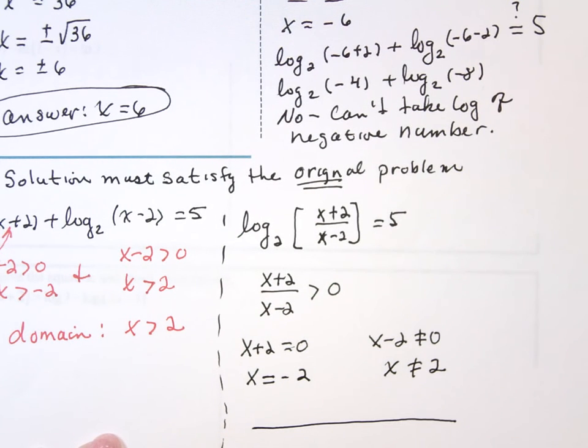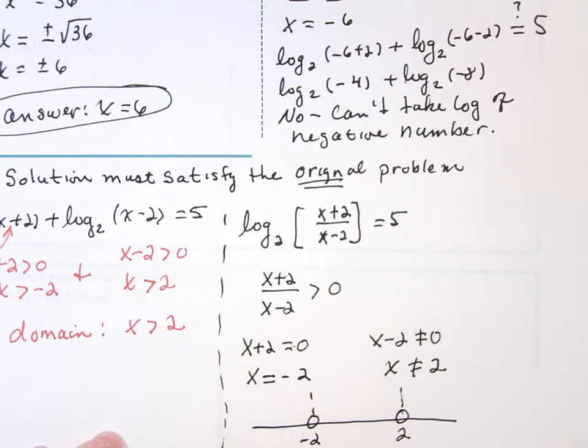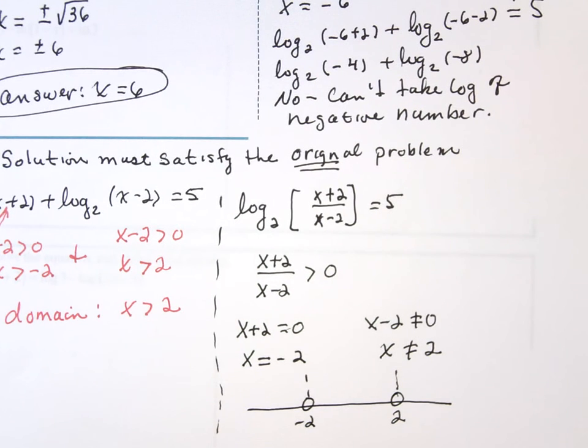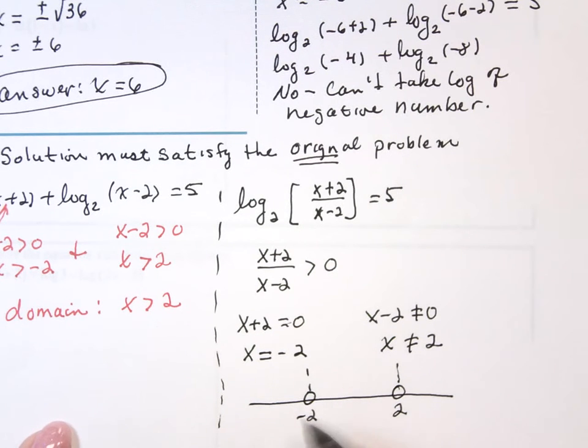So on my number line, I have negative 2, I have positive 2, and I have open circles, by the way, because it doesn't include either one. And they're both multiplicity 1, so there's a change there.